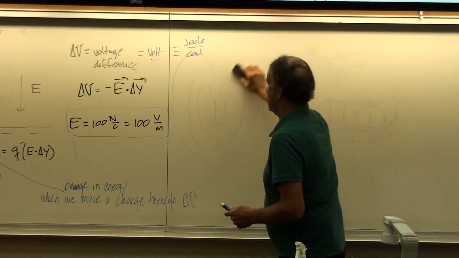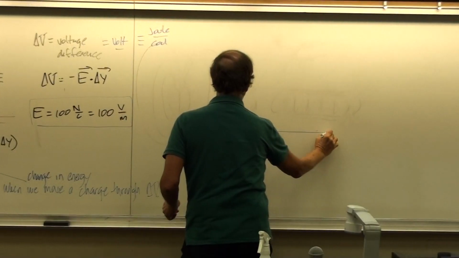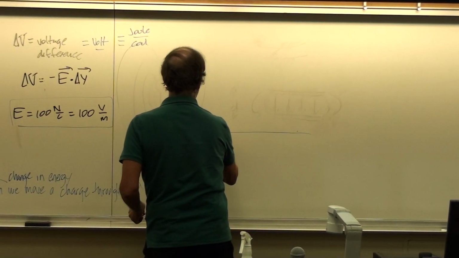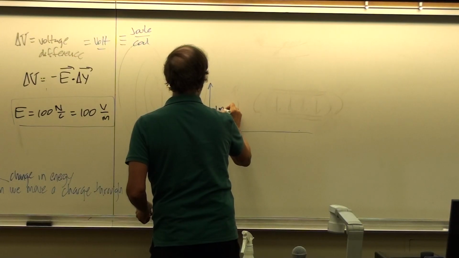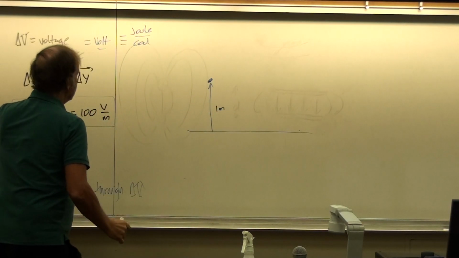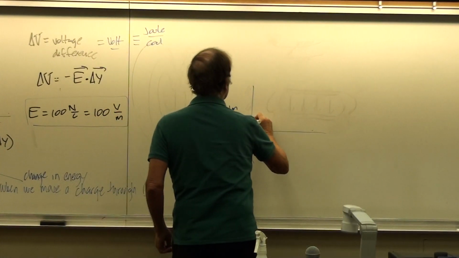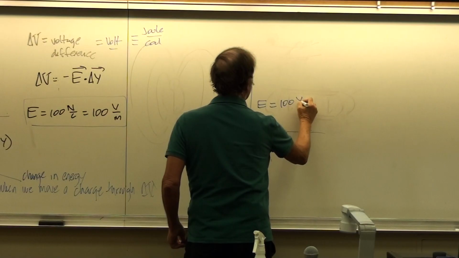So if we took something like the Earth's surface and moved a charge up a distance of 1 meter, it would gain, well, let's see here, the electric field, E, is equal to 100 volts per meter.